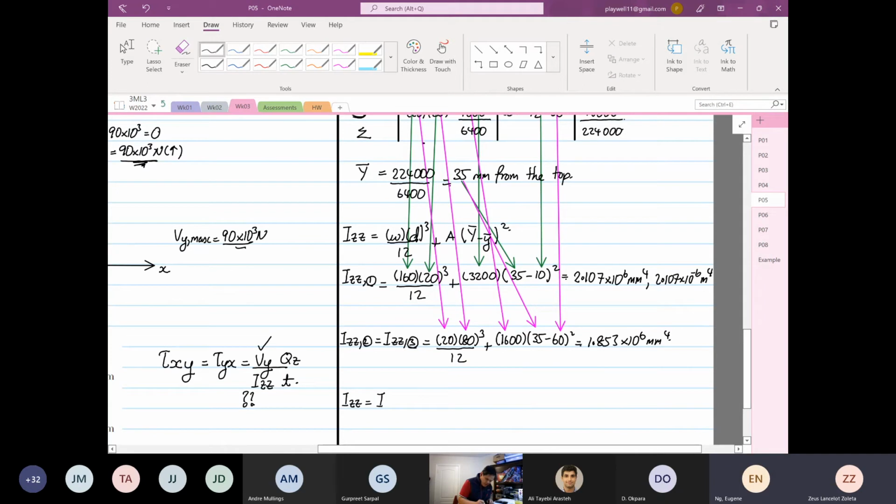So this is equal to IZZ1 plus twice IZZ2. So this will be equal to 2.107 times 10 to the power minus 6 plus twice 1.853 times 10 to the power minus 6, because it's in meters now.